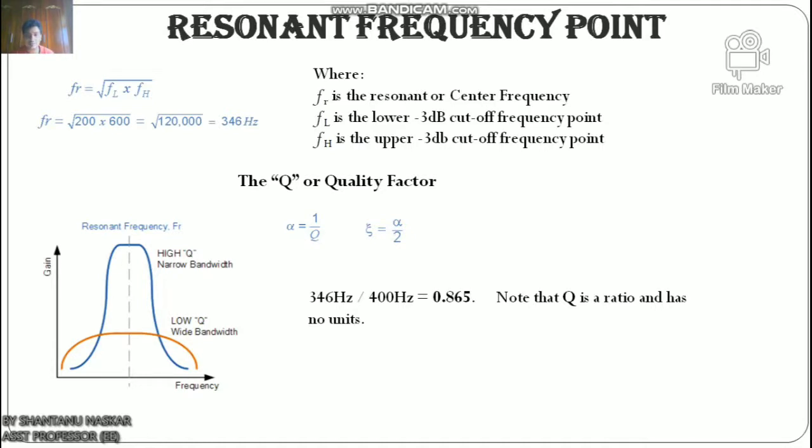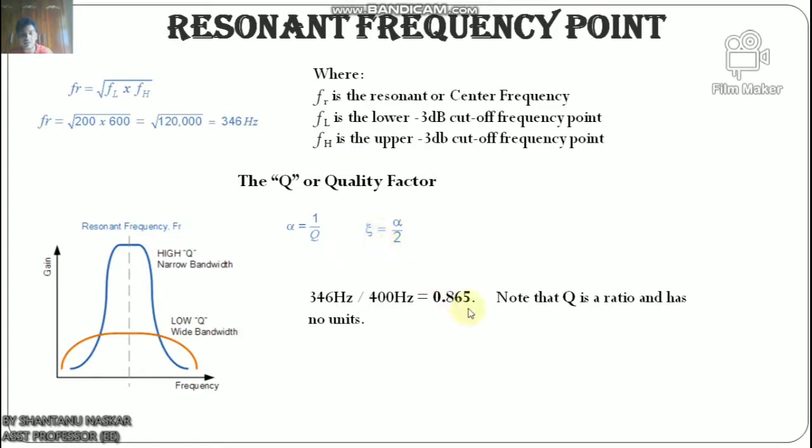It can also be thought of as a damping factor or damping coefficient, because the more damping the filter has, the flatter its response, and the less damping the filter has, the sharper its response. The damping ratio is given by the Greek symbol psi. Look here, psi equals alpha by 2.